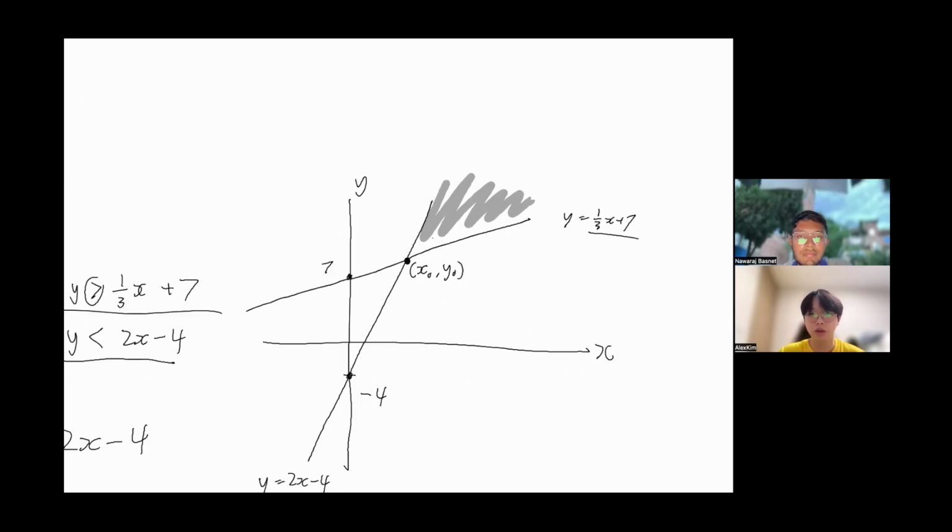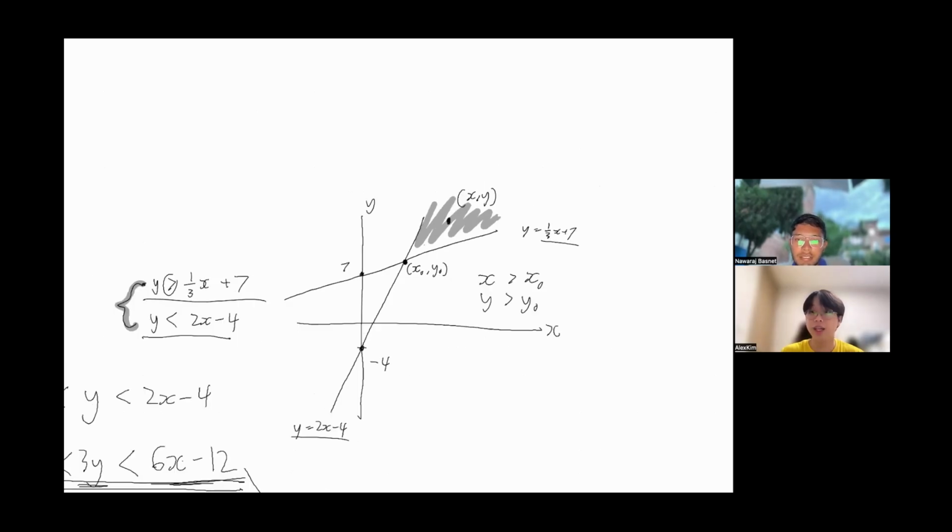For any point here, let's say there's an x comma y here, the x for the point must be greater than the intersection x, and the y for this point should be greater than the y for the intersection. Yes. Yeah. So you can use this relationship as a guide to go through each answer choice and see which one satisfies it.